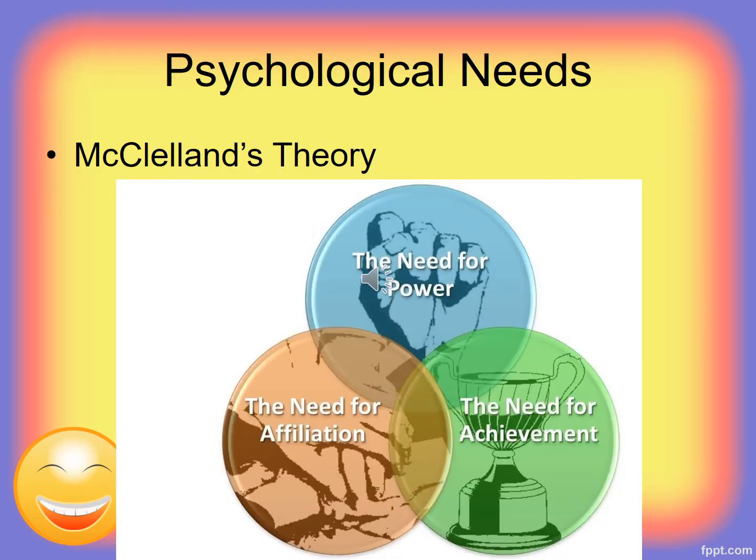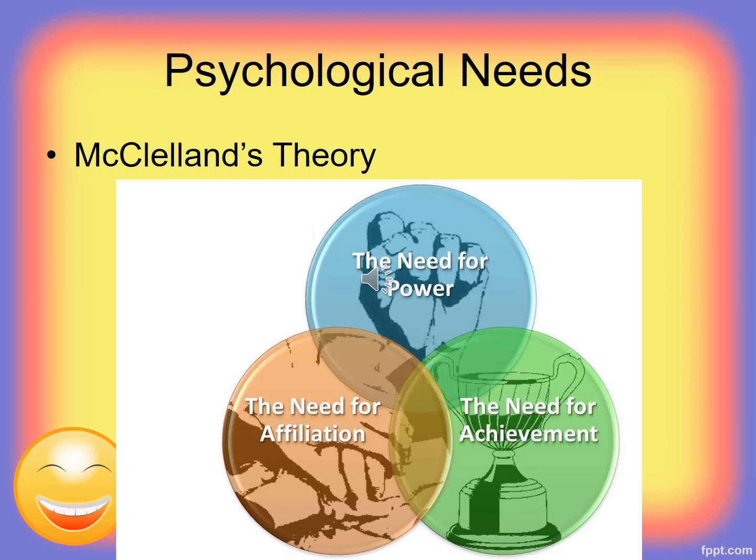Just now we explained the physical needs. Now we move on to the psychological needs. McClelland's theory explained that we have three types of psychological needs. The first is the need for affiliation, which is wanting friendly social interactions and relationships with others.